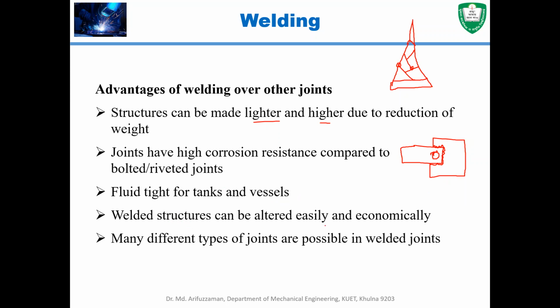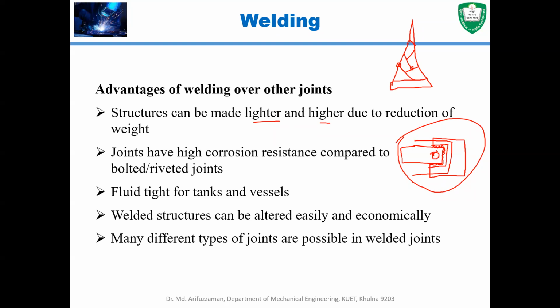And the welded structure can be altered easily and economically. If you need to make certain design changes in your structure, then welding is much better compared to riveted or bolted joints. For example, if you want to change this design in some manner, you can just cut it off, put an extra plate in here and then do the welding. But if you want to modify the design with a nut and bolted joint, then you have to do some extra work.